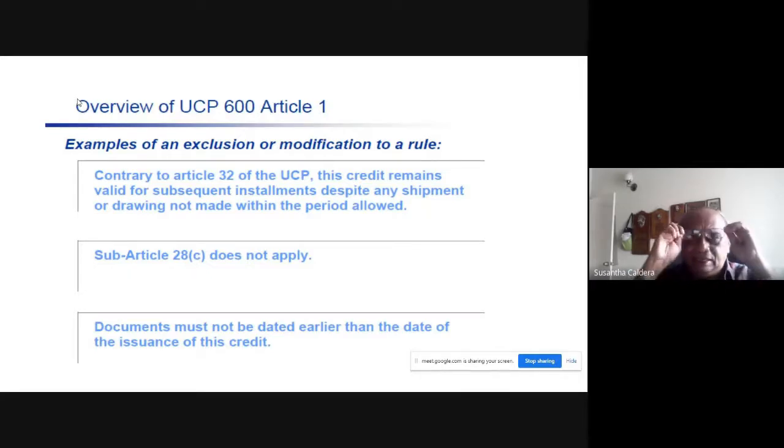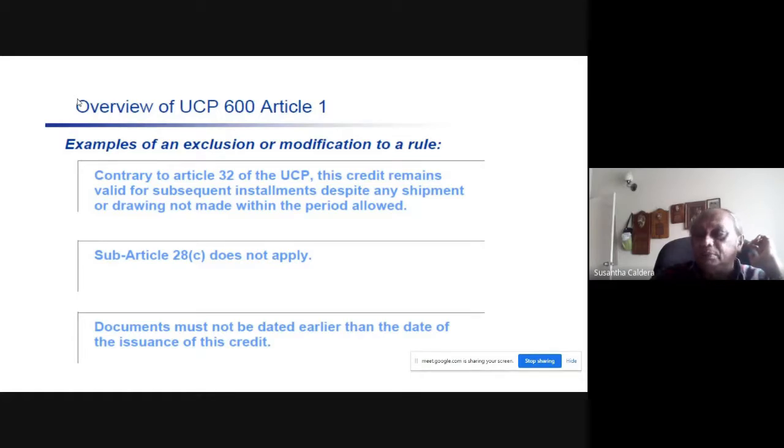Right? Now, the thing is, when we are opening a revolving LC, there we have to say excluding Article 32.